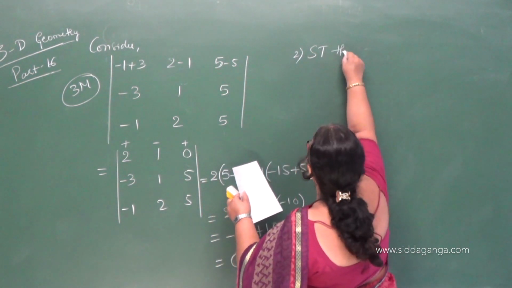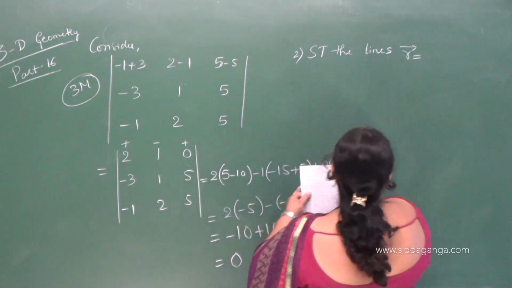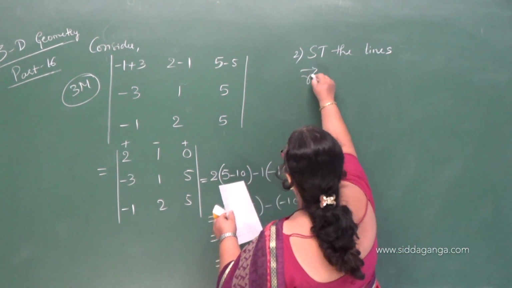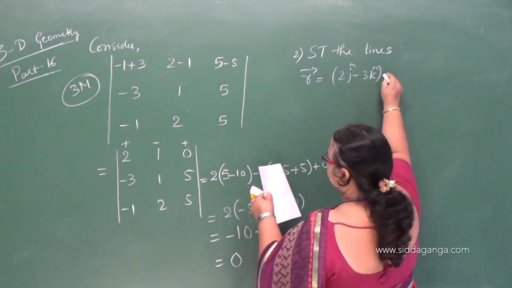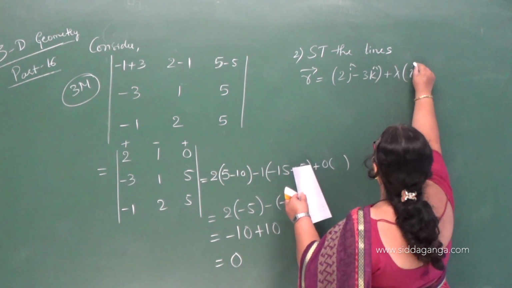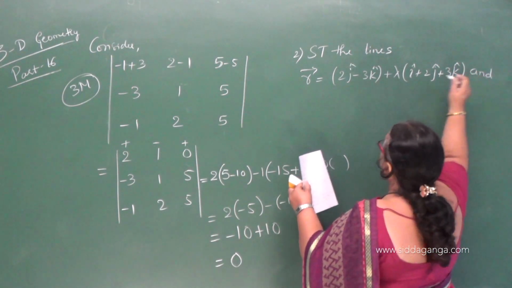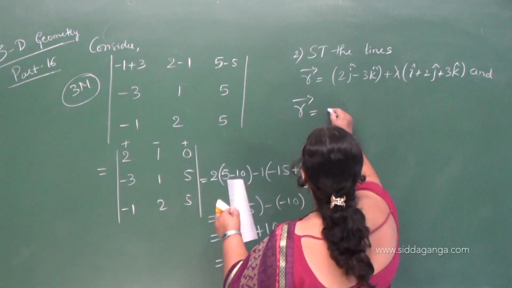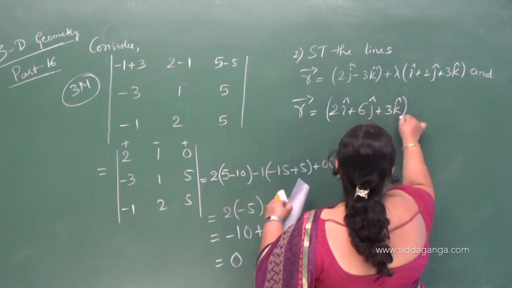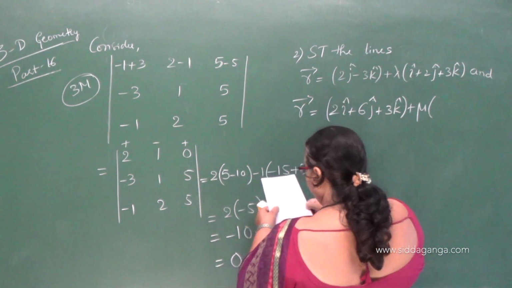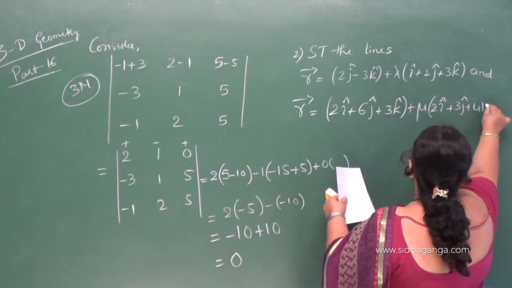Show that the lines vector r equal to 2j minus 3k plus lambda into i cap plus 2j cap plus 3k cap, and the second line is vector r equal to 2i cap plus 6j cap plus 3k cap plus mu into 2i cap plus 3j cap plus 4k cap.